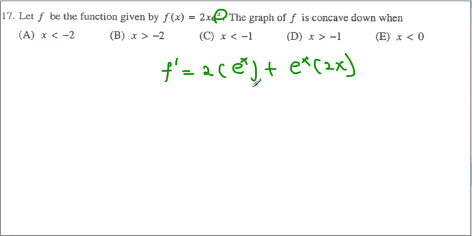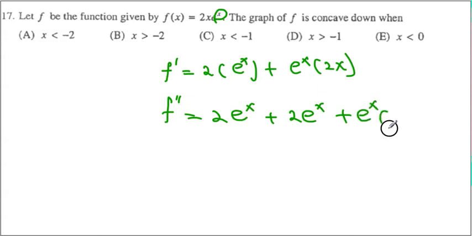Now the double derivative becomes simply 2 times e to the x, plus here we're going to have 2 times e to the x, plus taking the derivative of this one, we're going to have e to the x plus 2x.